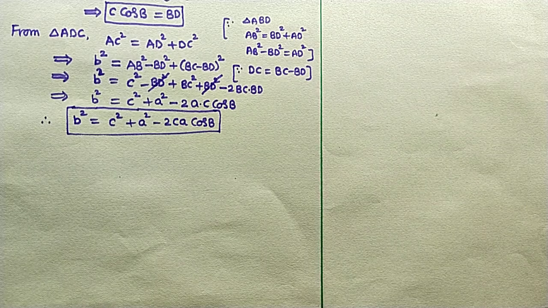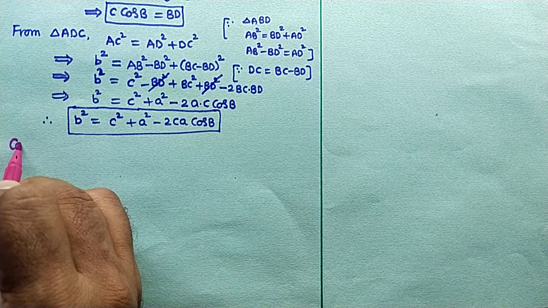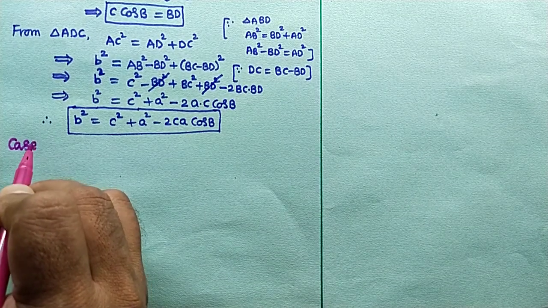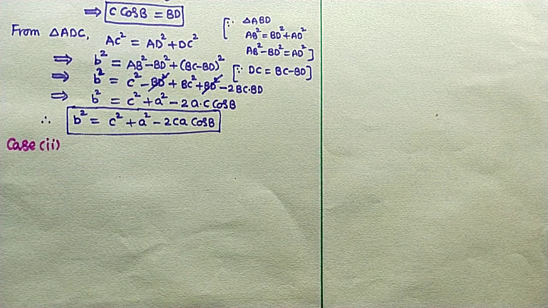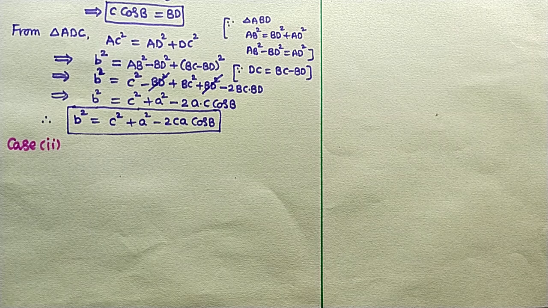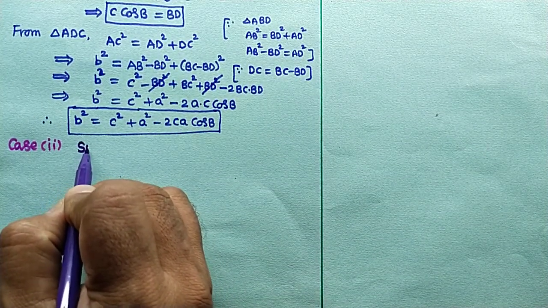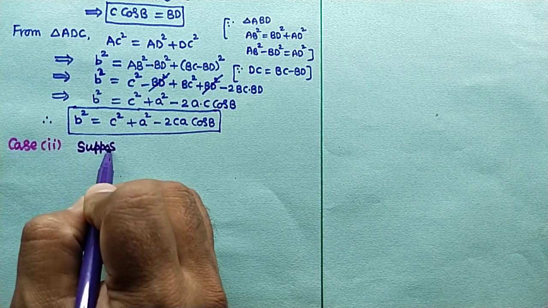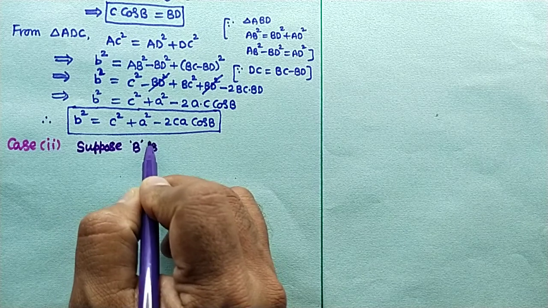Now we will discuss the second case, case 2. In case 2, we assume that capital B is a right angle.